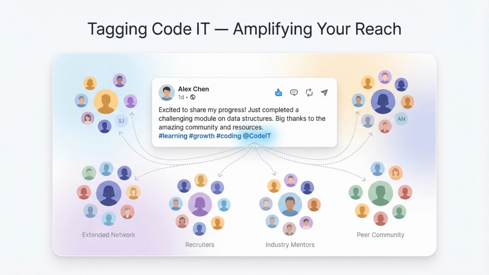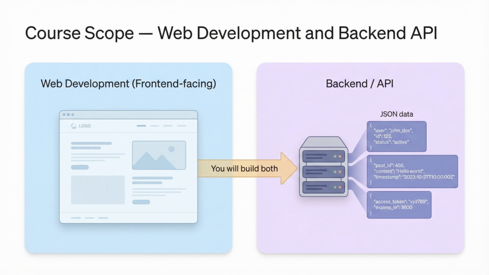Let's be clear about the full technical scope of this course. It covers web development, meaning the visible, browser-facing side of applications, as well as back-end API development. This is genuinely full-stack territory. A company's web presence is just one piece. The APIs that power mobile apps, third-party integrations, and dynamic data all live on the back end, and you'll be building both sides.